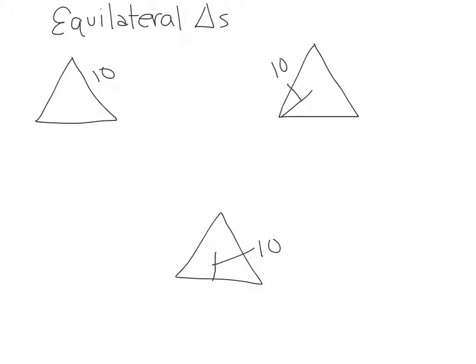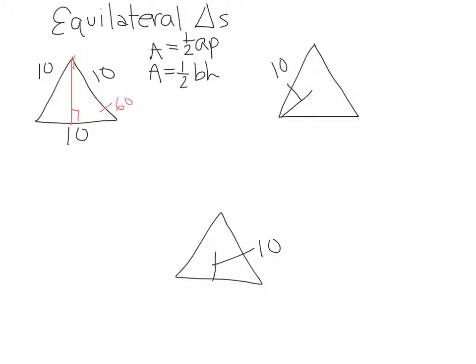So for the first one, if all side lengths are 10, then we can use area equals either 1/2 base times height or 1/2 apothem times perimeter. It doesn't matter. I'm actually just going to do 1/2 base times height for this. So I need to drop down this perpendicular. This is a 60-degree triangle, so it's going to be a 30-60-90.